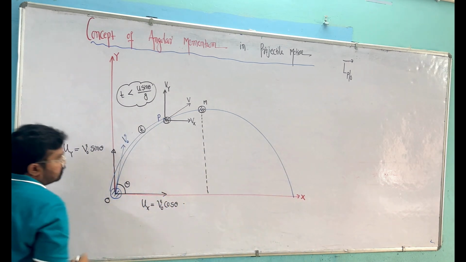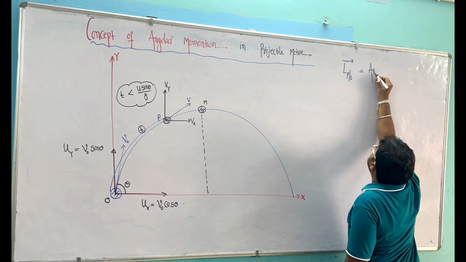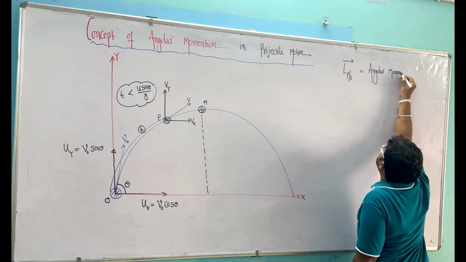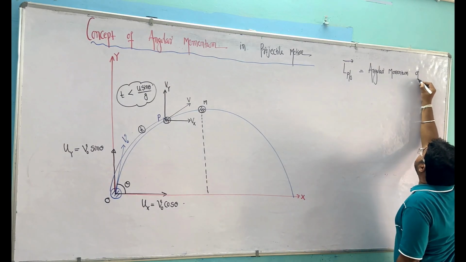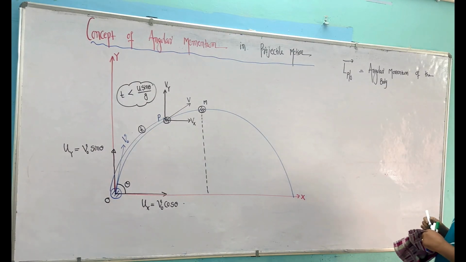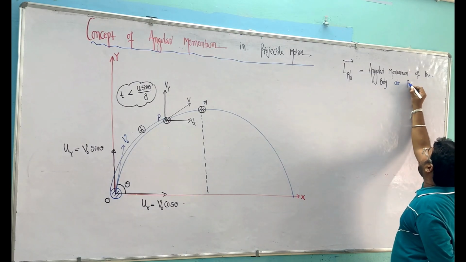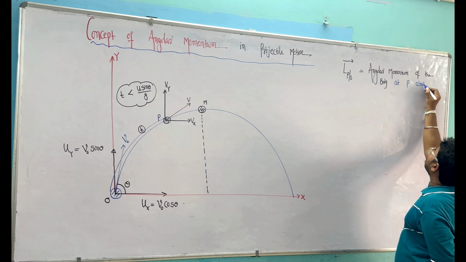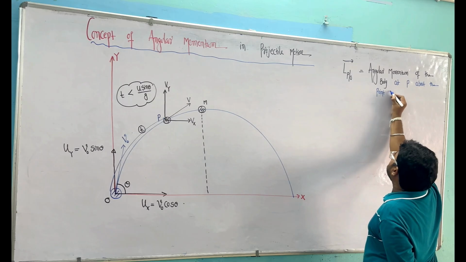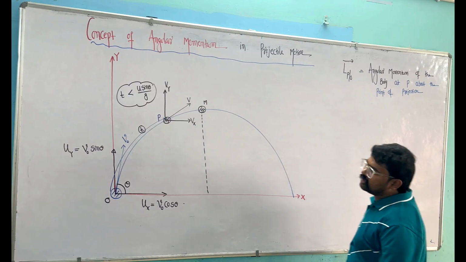Angular momentum of the body or particle at P about the point of projection. That is equal to how much?